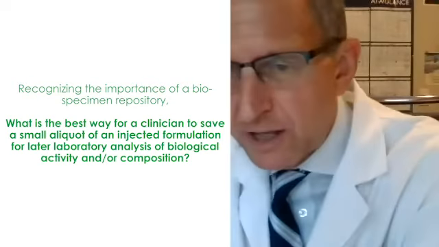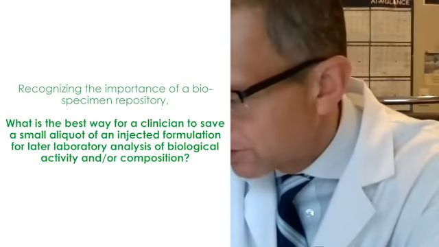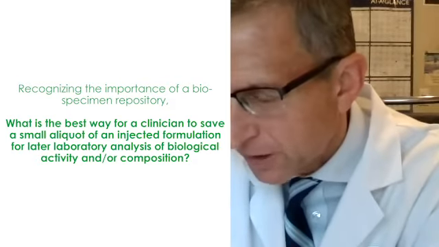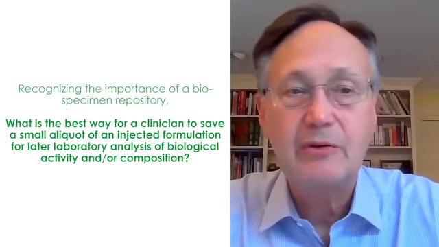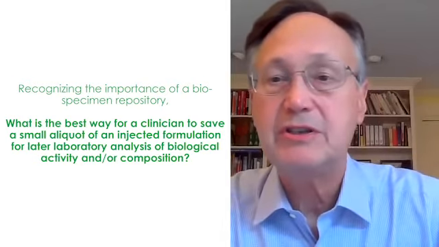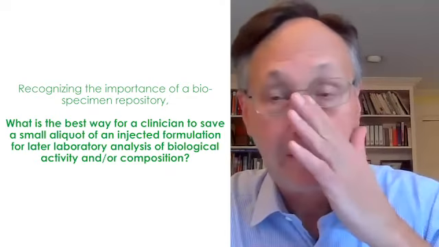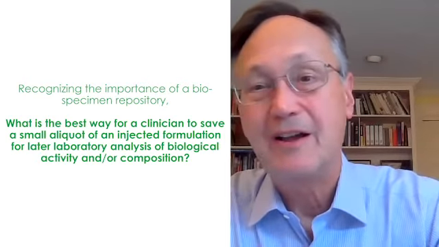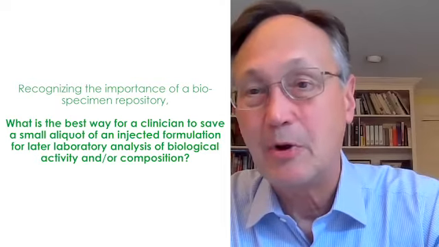Yeah, you're right. Standardizing our approaches is critically important, but certainly a real challenge. And some of those things can be started with relatively little resources. A very interested student, a freezer, and a clear protocol.